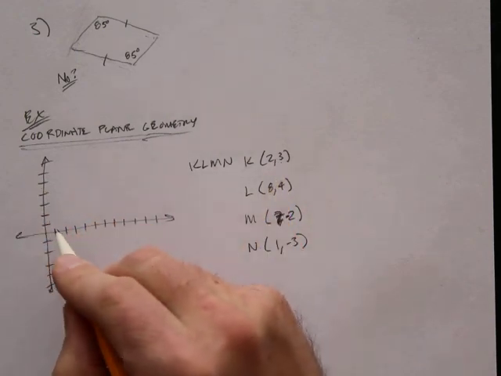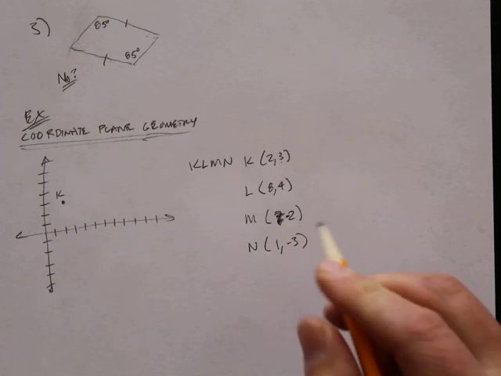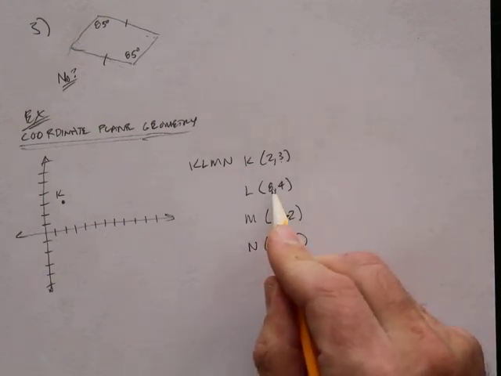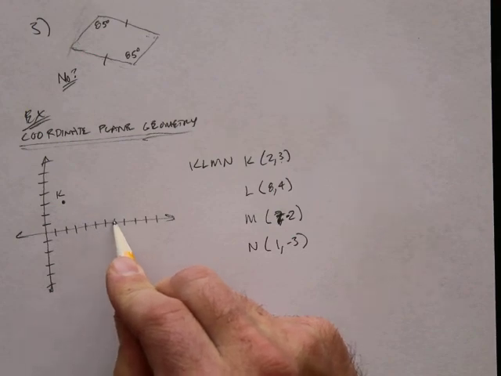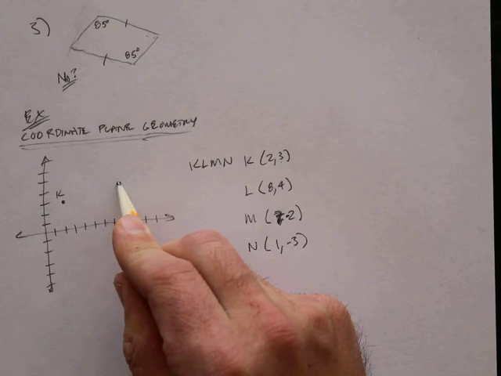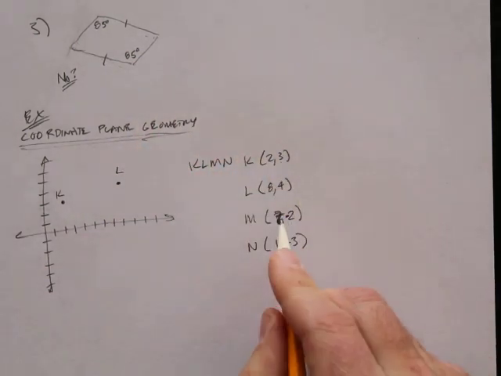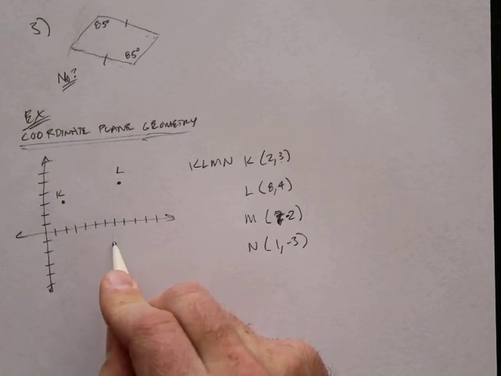(2, 3) is K. There's K. And then L is (8, 4). Well, 1, 2, 3, 4, 5, 6, 7, 8. And then up, there's 3, and there's 4. And that's L. M is (7, negative 2). So that was 8, then 7, negative 2.